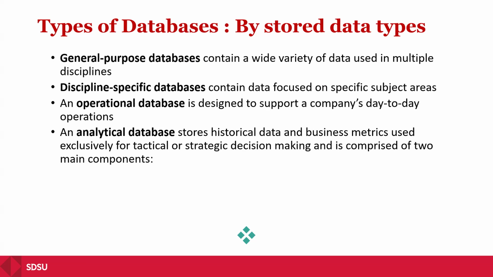So, for example, DynamoDB for Amazon is a database that is used by Amazon to support their daily retail activities. And also analytical databases that store a lot of historical data for analysis purposes. An example of an analytical database can be Ancestry.com, where there's a lot of information about different people's past relatives.